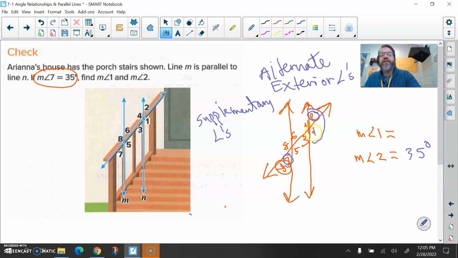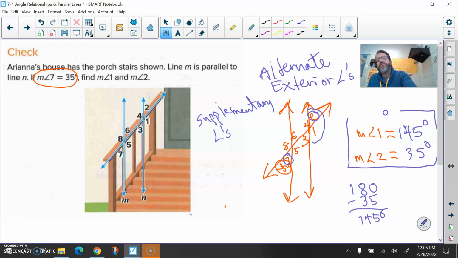So angle 1 has to be 180 minus angle 2, which is 35. And that gives us 145 degrees for this other angle here, 145 degrees. And so there we go. Those are the measurements for angles 1 and 2.